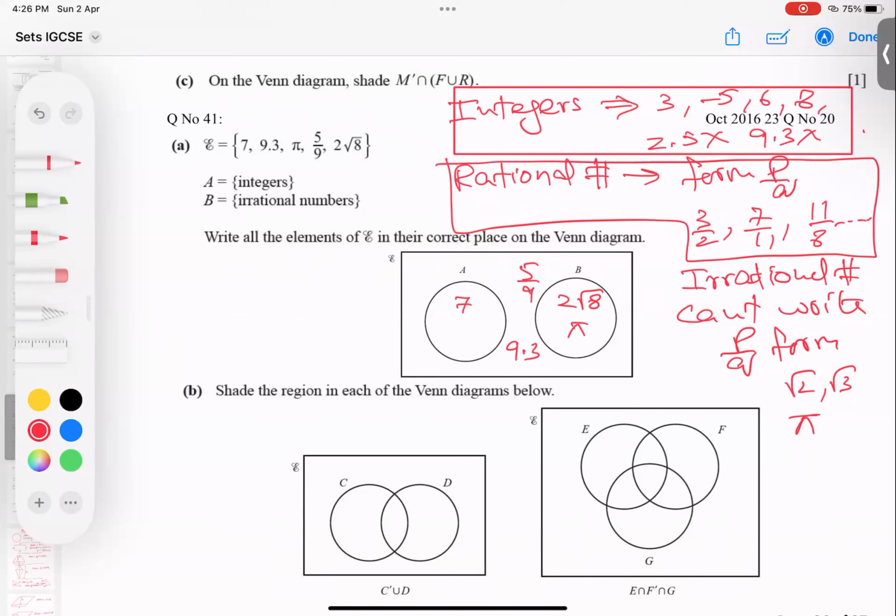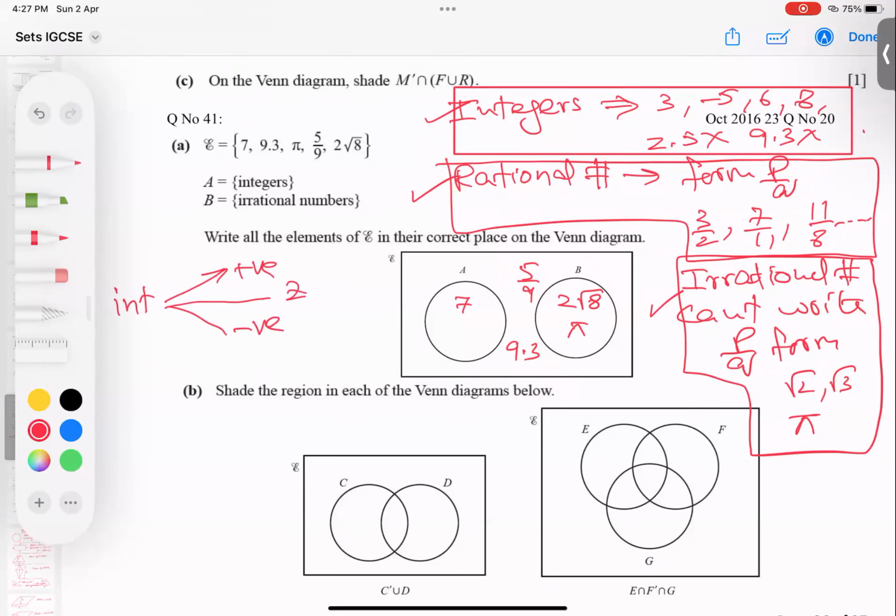In this part you learned some basic properties: integers, rational numbers, irrational numbers. Regarding integers, I want to add a very important thing. There are two kinds of integers: some are positive and some are negative. But zero is an integer, no doubt about it, but zero has no sign. So you will not count zero as positive or negative.